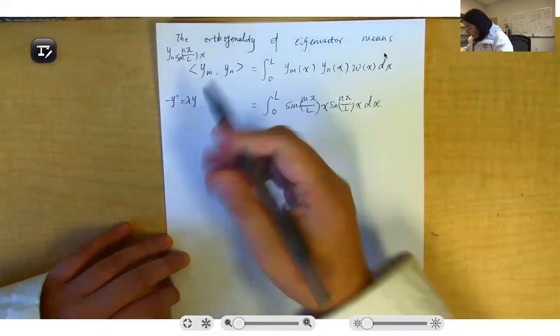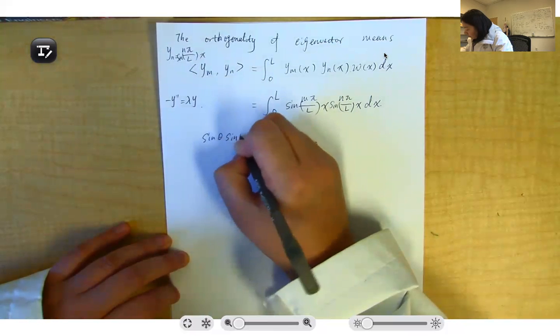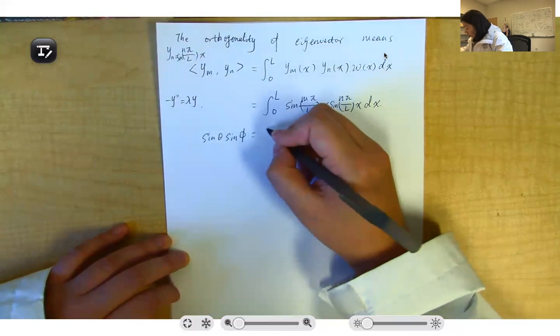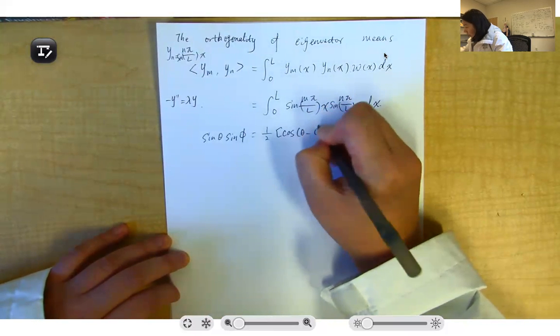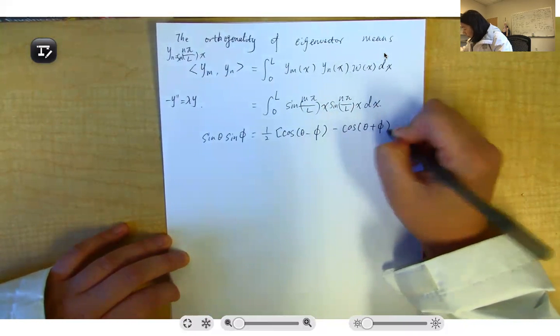And we also know that sine theta sine phi will be equal to half of cosine of theta minus phi minus cosine of theta plus phi.